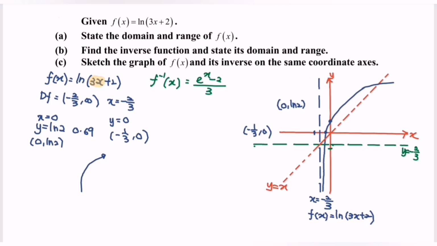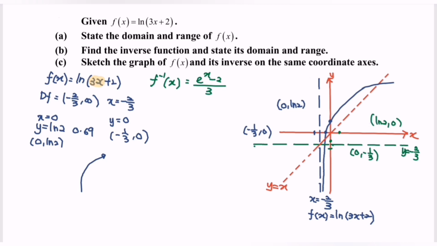Kindly refer to the x-intercept, where we have (negative 1/3, 0), which becomes (0, negative 1/3). For the next point, kindly refer to (0, ln 2). If we reflect the situation, it will become (ln 2, 0). Kindly sketch the graph.